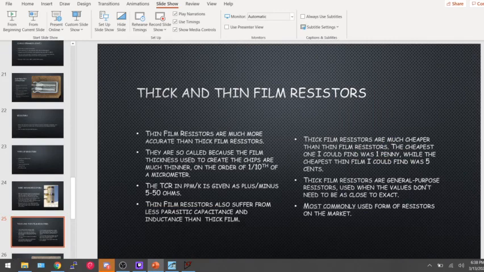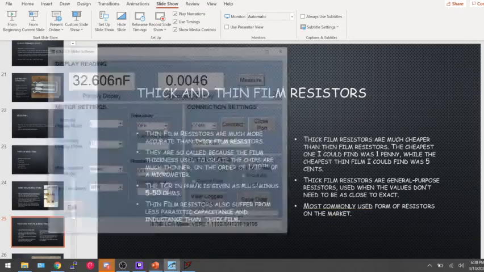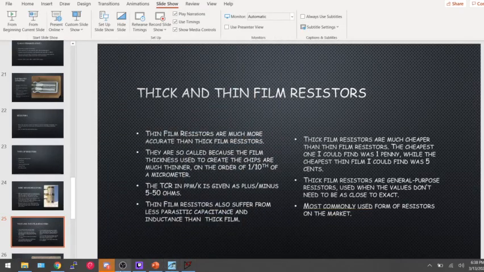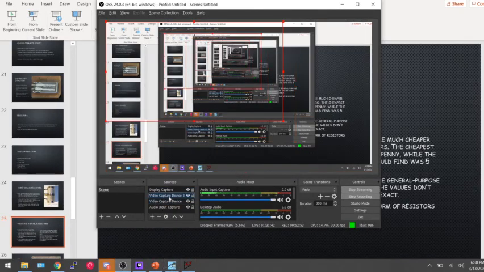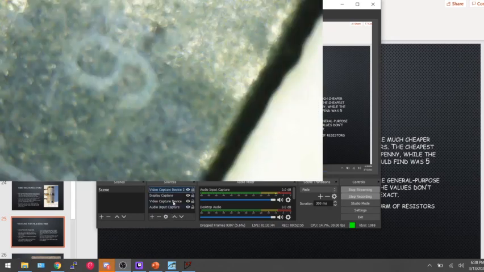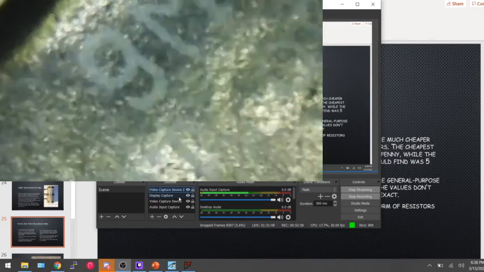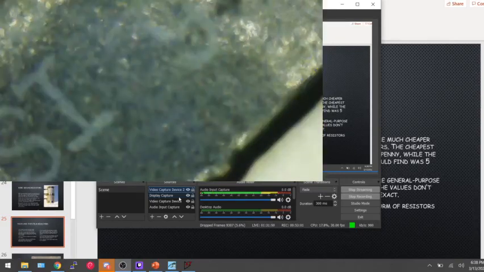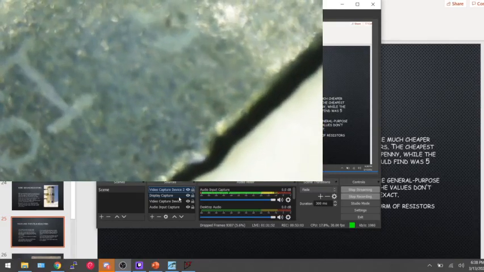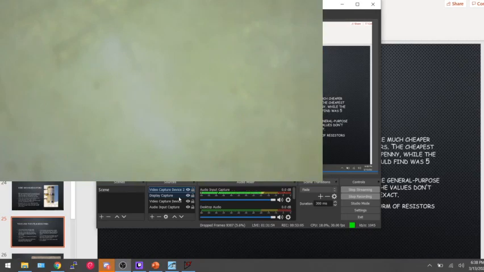And let's talk about thick and thin film. And this is a thick film resistor that I have on my circuit right here. Might be thin film. Doesn't really matter though. As you can see, let's just show you on the other one.